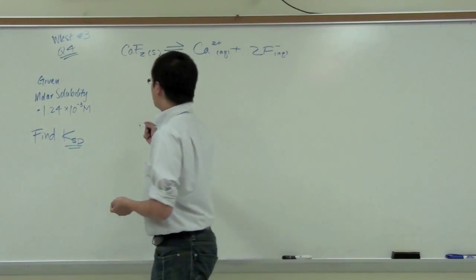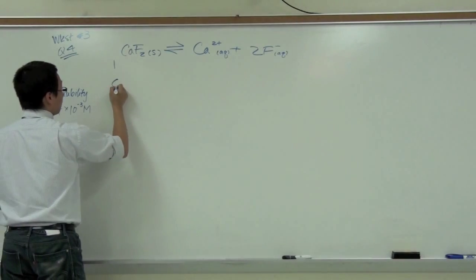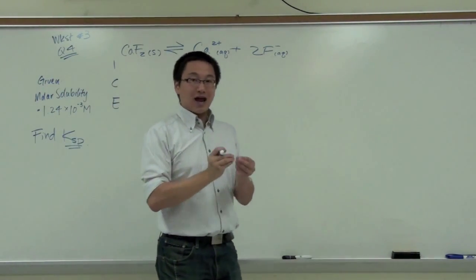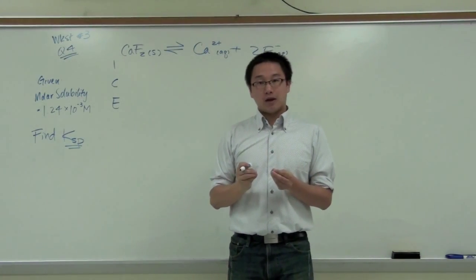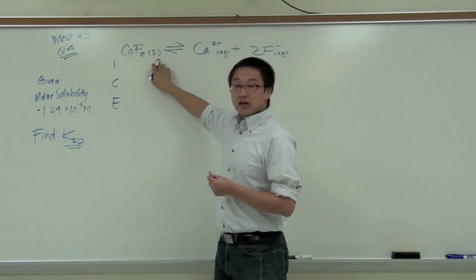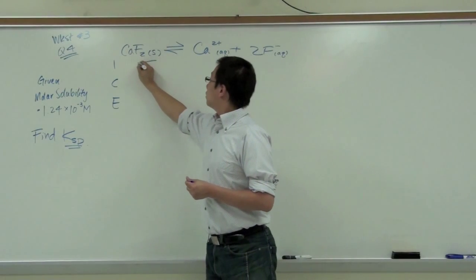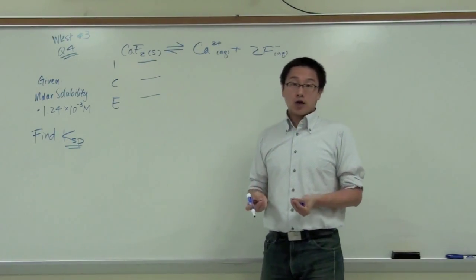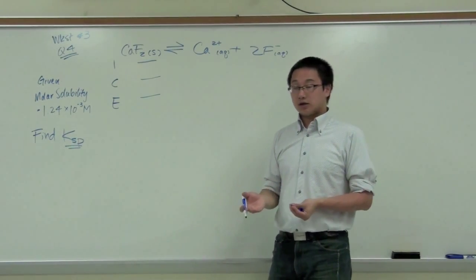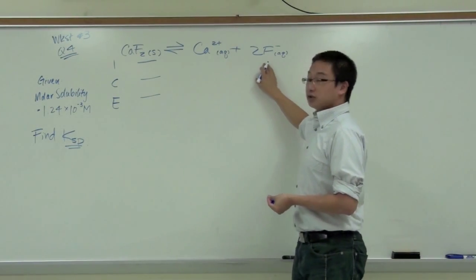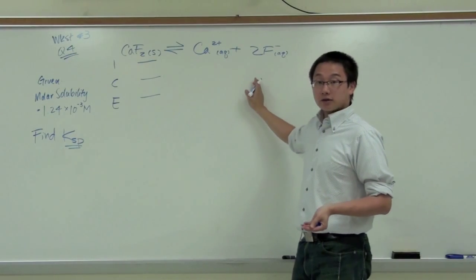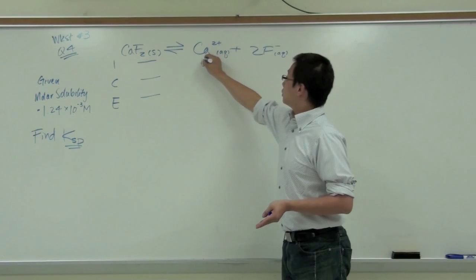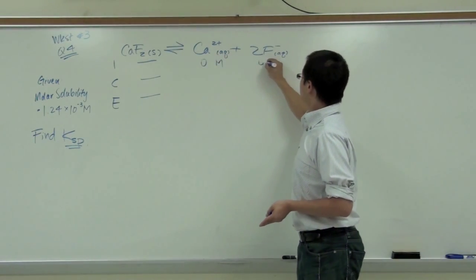So what we can do is to first start off with the ICE table, because we understand that it is not at equilibrium initially. Since it is a solid, we would not write anything for the solid, because no concentration can be expressed for a solid. We can just focus on the ions, or the products. Initially, there are no ions, so it's going to be 0 molar.